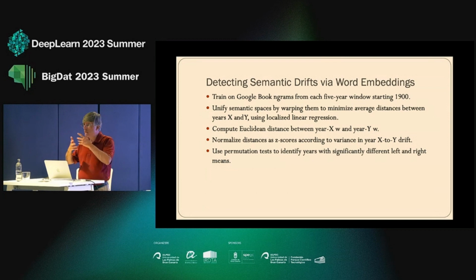Google has scanned something like 20% of all the books ever published. They built up a data set of how often every short phrase has appeared in books every year from about 1800 to date.